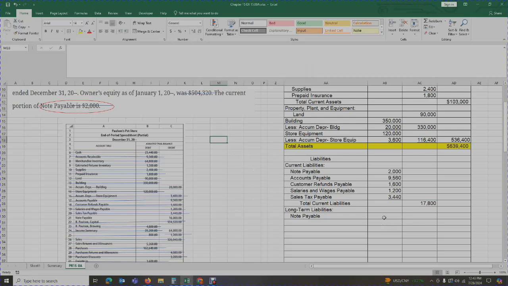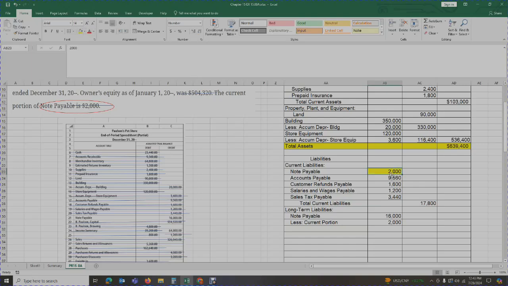So we're going to have the note payable, $16,000. And then we're going to have less the current portion, and the current portion is $2,000 that we've already put up here.